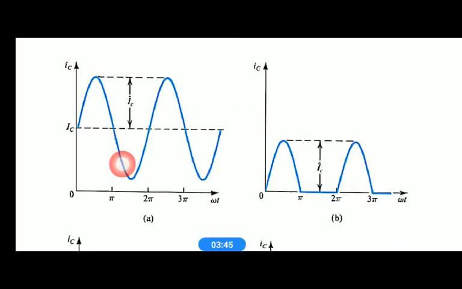Suppose you are applying a sinusoidal signal at the input of the power amplifier. At the output you will get the whole sinusoidal signal without disturbing or destroying its shape. All 360 degrees of the signal we will get at the output, with amplification.